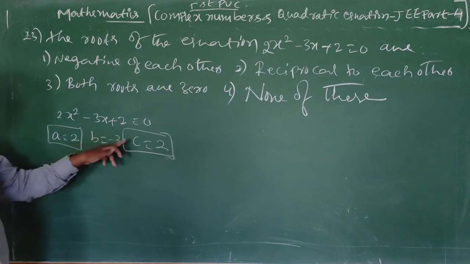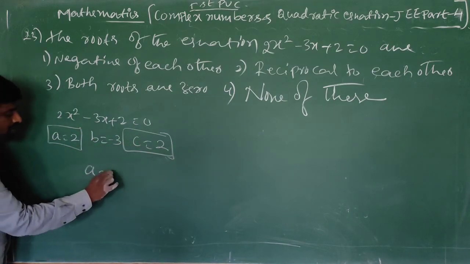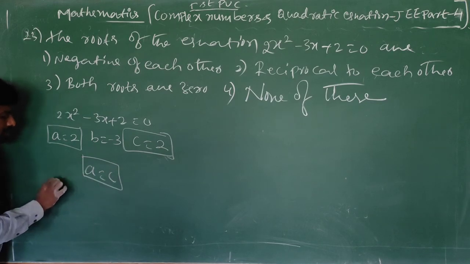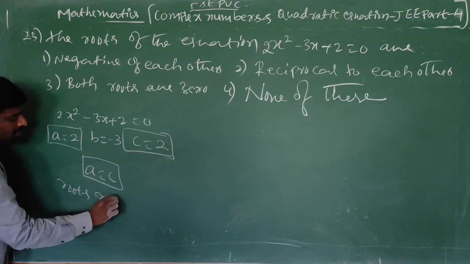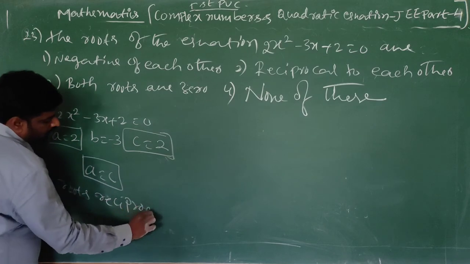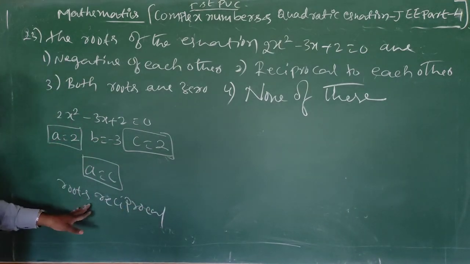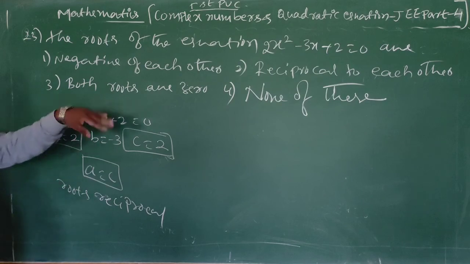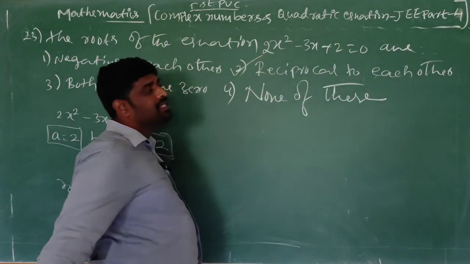So a is equal to c means the condition is that the roots are reciprocal. If a is equal to c, the roots are reciprocal to each other. That is the second option.